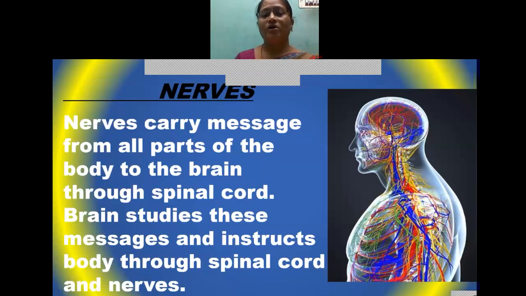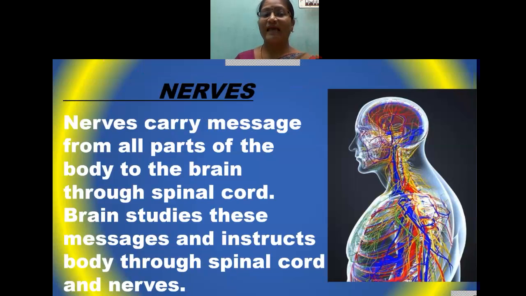Nerves are long thread-like structures that carry messages between the brain and other parts of the body. Nerves are made up of bundles of fibers. These are like telephone wires which link every part of the body to the brain.